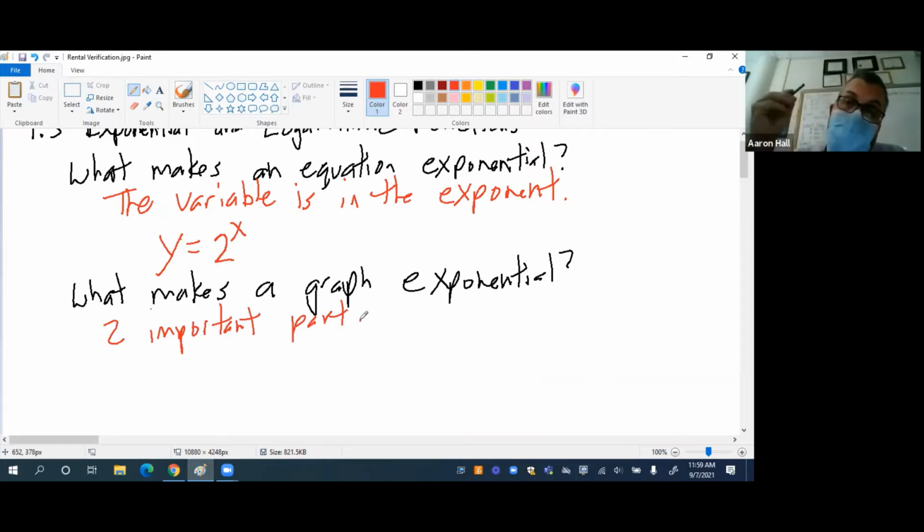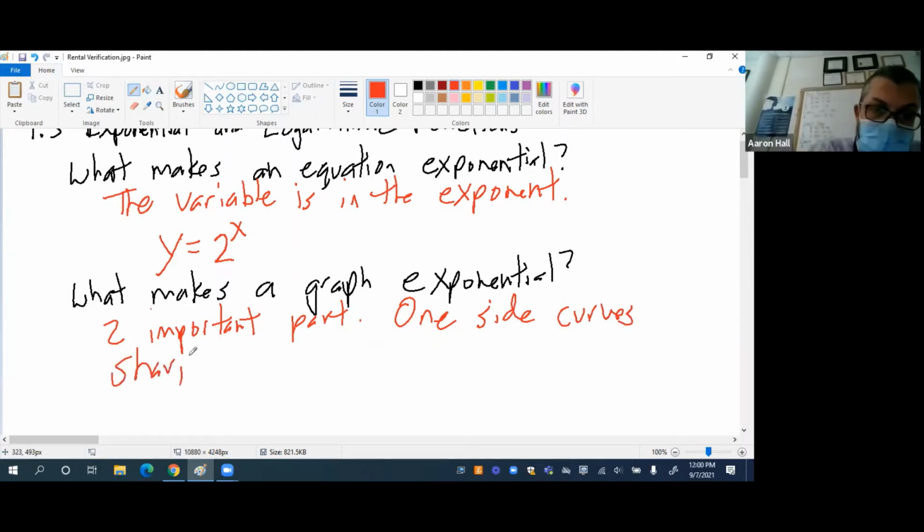One side curves sharply to infinity or negative infinity.